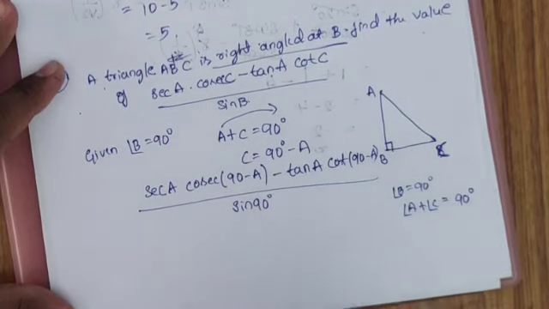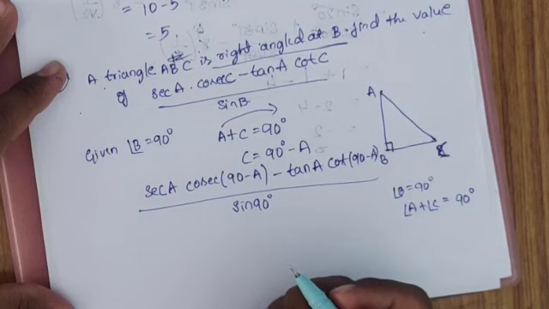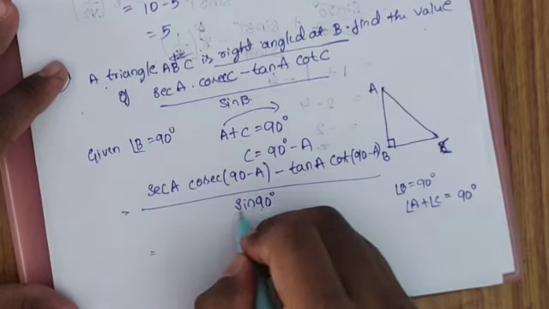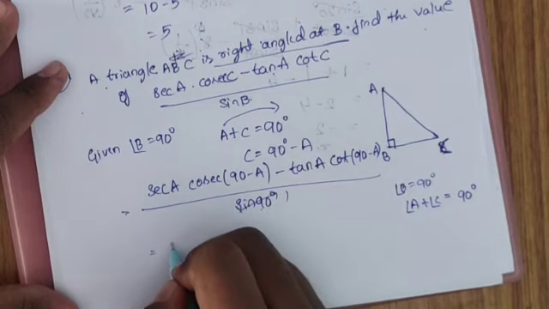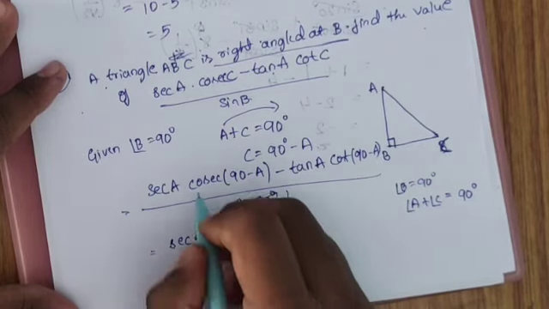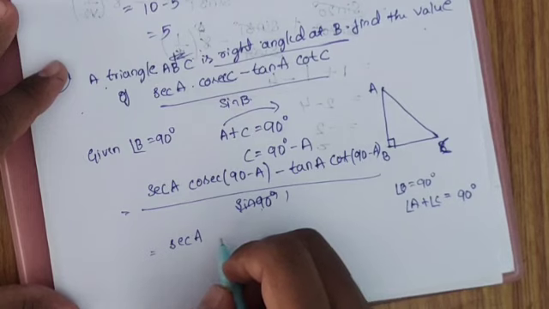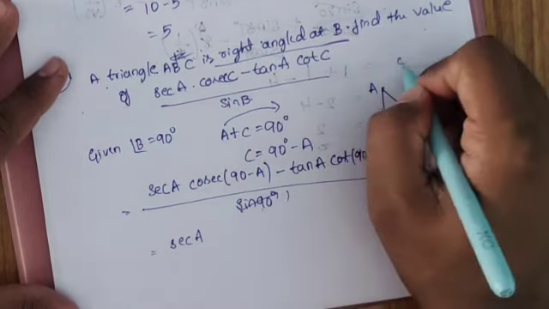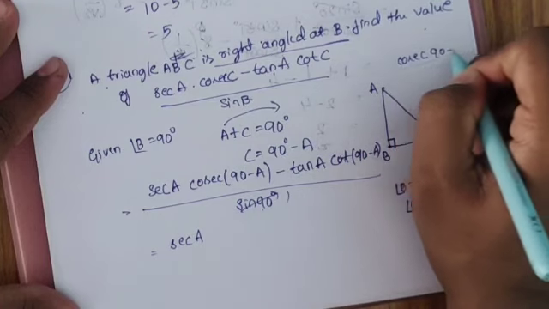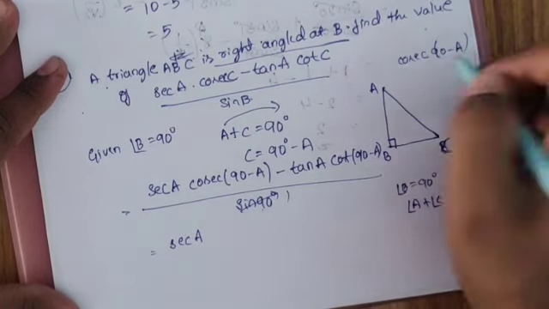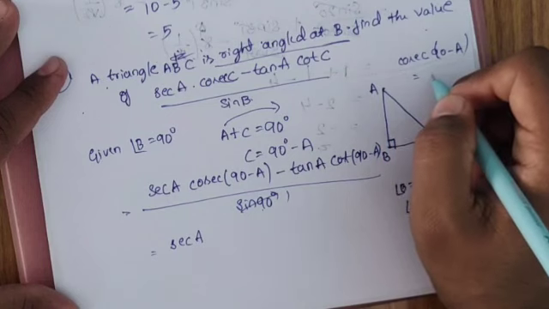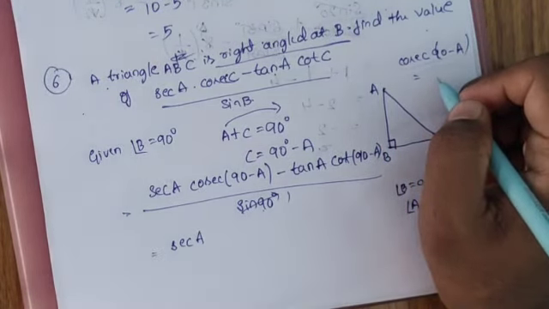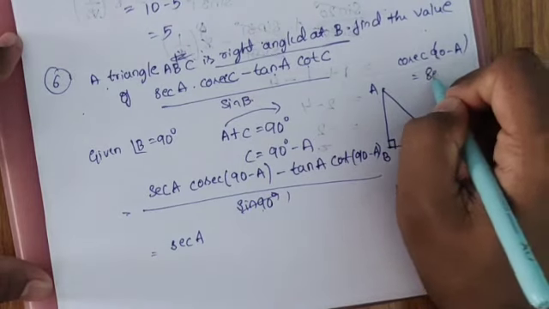So what is the value of sine 90 degree? 1. So the denominator becomes 1, right? Now secant A will be as it is. Cosecant of 90 minus A becomes secant A, right?